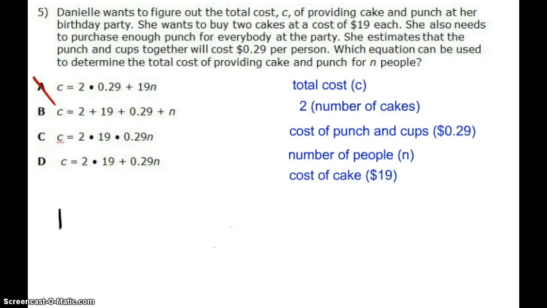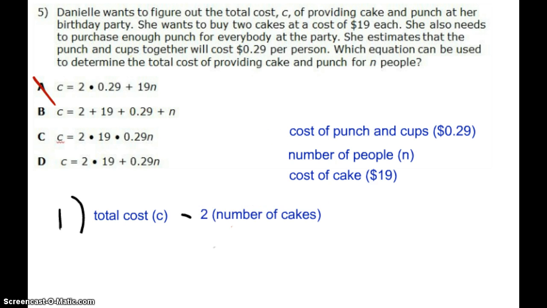So then let's look at B. The total cost, C, equals 2, and 2 is the number of cakes, plus 19, which is the cost of the cake. Already I'm wondering about this one.